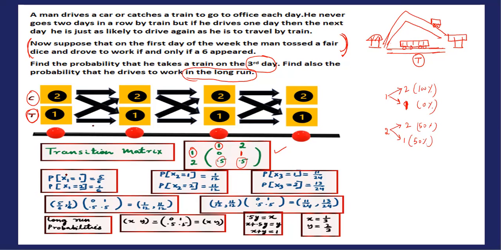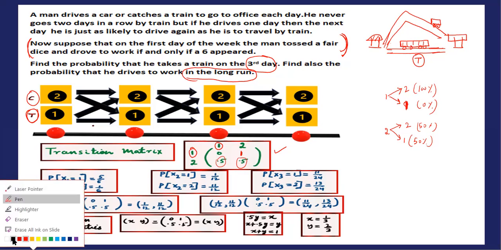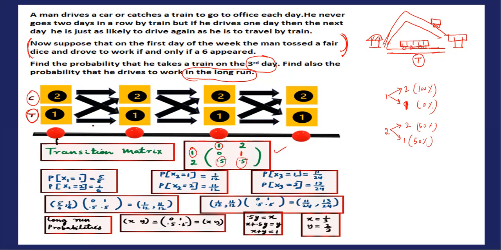When I say initial probability distribution, the distribution at 1, the distribution at 1 we need here. This is 0.1, this is 0.2, this is 0.3. So if you are starting from here, what happened here? Now suppose that on the first day of the week, the man tossed a fair dice and drove to work if and only if a 6 appeared.